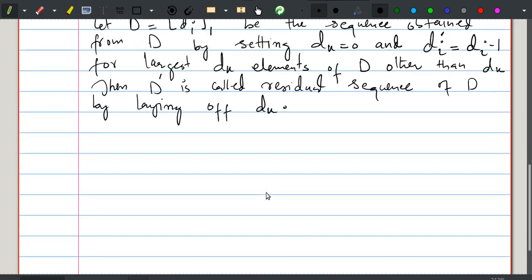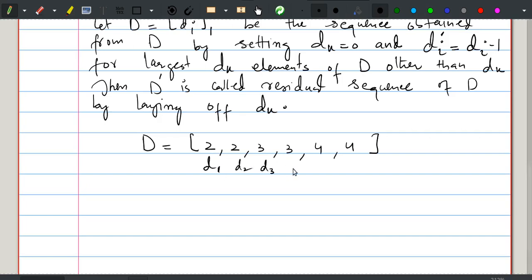Now let us do an example here. Let d be the sequence 2 2 3 3 4 4. In this sequence, this is d1, d2, d3, d4, d5 and d6.